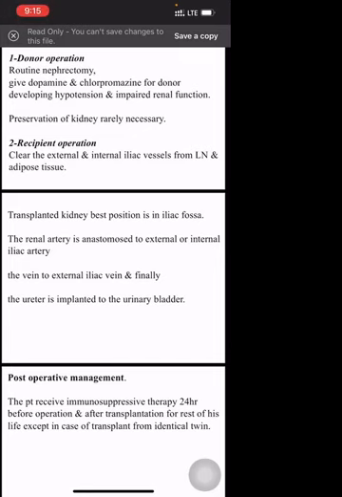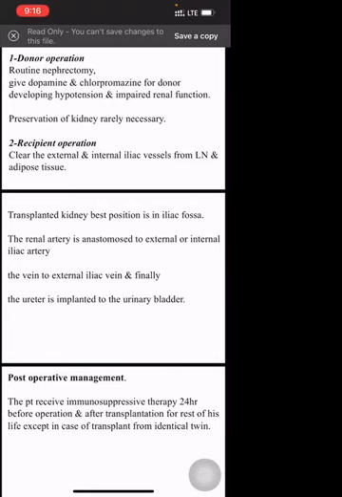When we do surgery for renal transplantation, it is better to take the left kidney. The nephrectomy from the donor is of the left kidney, transplanted to the right iliac fossa of the recipient. We can use the right, but it is better to use the left one. Why? Because the left renal vein is longer than the right one.